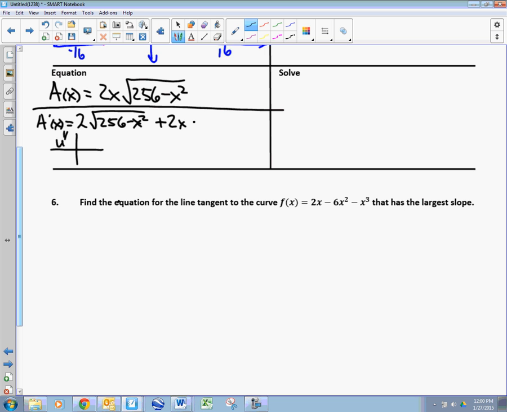Chain rule, u to the 1/2, 256 minus x squared. What's the derivative of u to the 1/2? 1 over 2 roots of u, thank you. And derivative of 256 minus x squared? Negative 2x. I multiply, I get a negative x on top, negative x over the square root of 256 minus x squared.